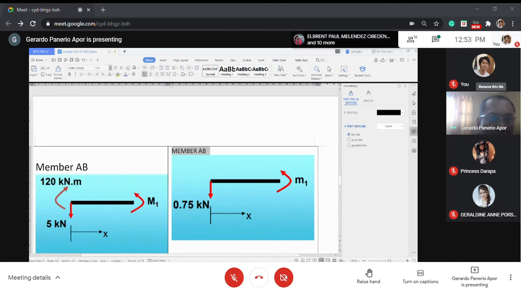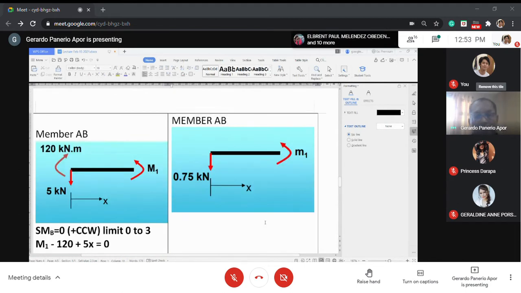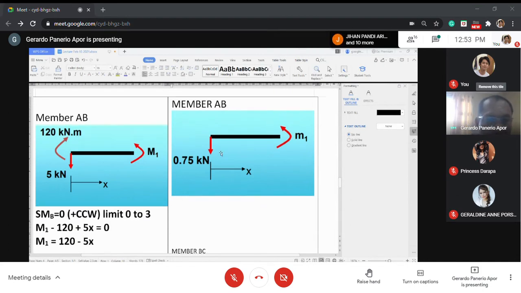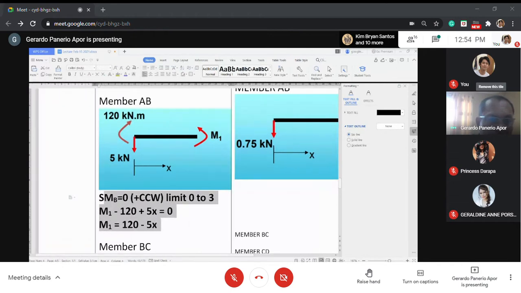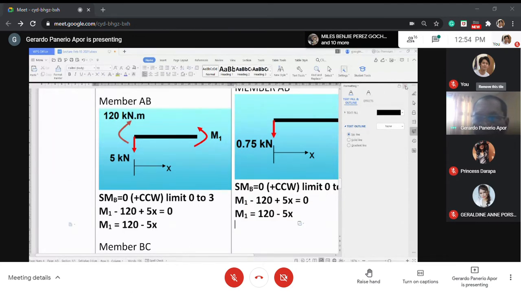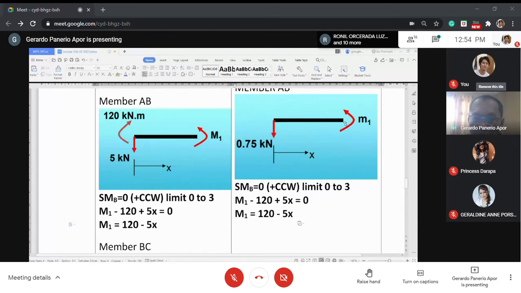Now, sum up moment at B. Here I have M1, counterclockwise, so this one will be small letter m, m1, and then there's no other load, still positive.